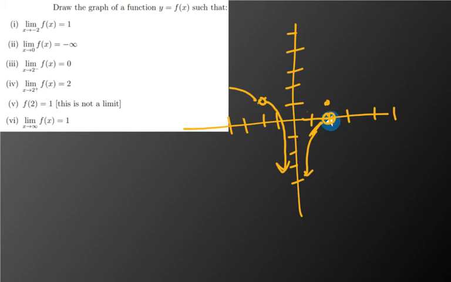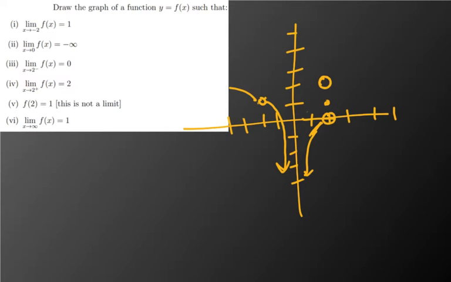But it can't be filled in because we know at 2, the output is 1. So that's why I filled in that dot earlier. Then it's saying as you approach 2 from the right, that's what that plus means, the function value is 2. So we're getting close to 2 up there as we come in from the right.